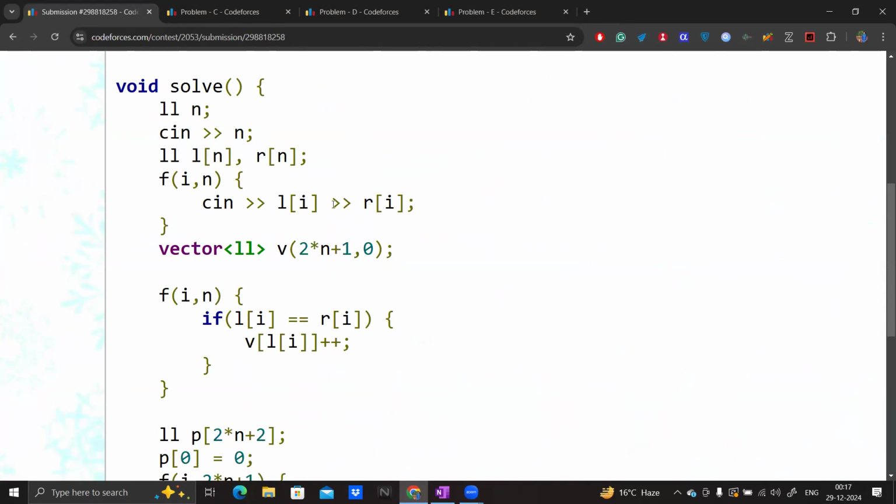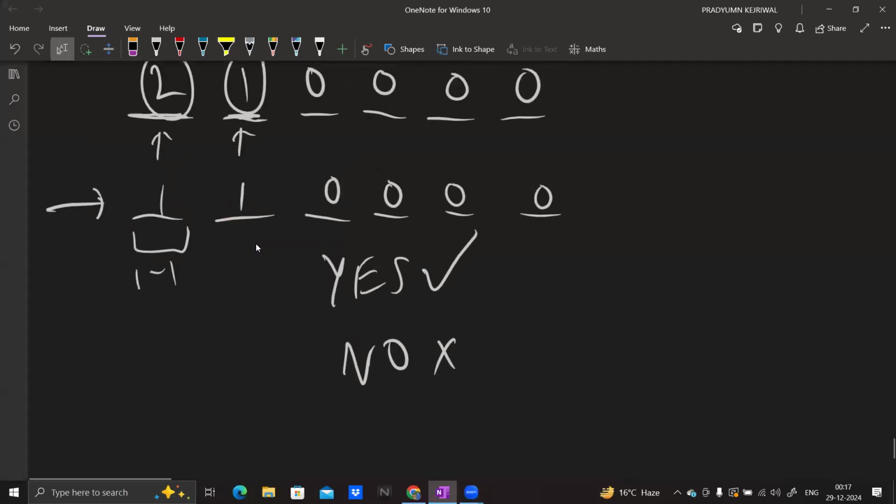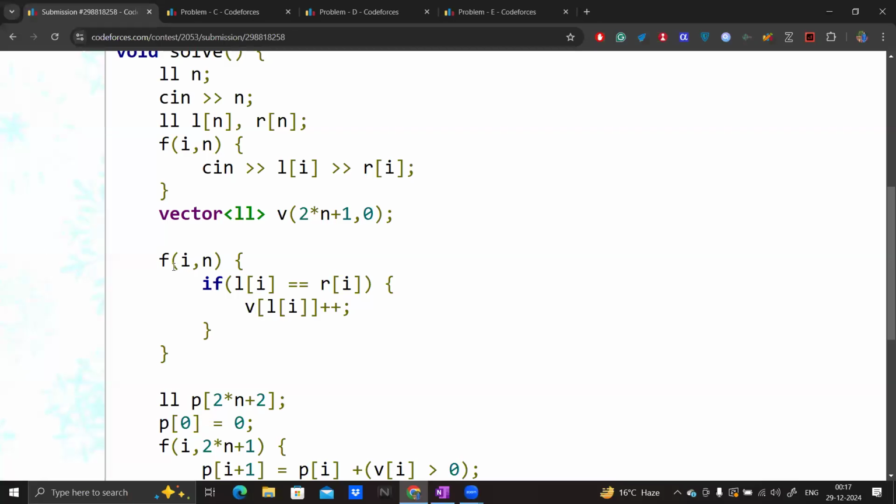Now I'll just take the input of l and r. Then I made this vector, the problematic one, which I'm calling v. I'm making this vector: for i to m, if l i equals r i, then this is the problematic one, and I just increment that position.